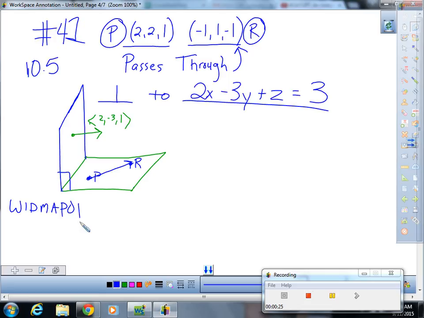All right, so remember that we are trying to define the green plane, and in order to define the green plane, we need a point in the plane, and we need a vector that's orthogonal to the plane. So we obviously have the point in the plane, and we need to find the vector that is orthogonal to the plane.